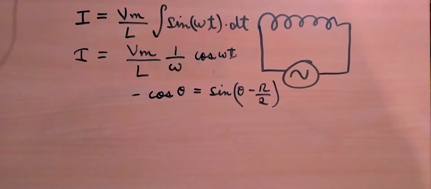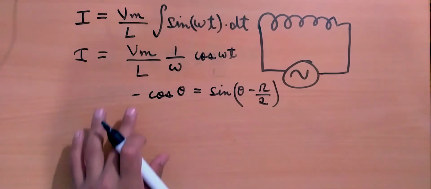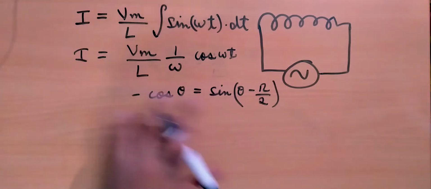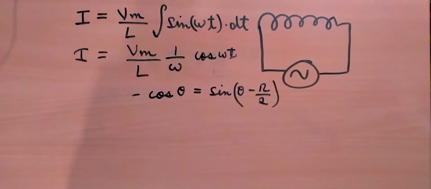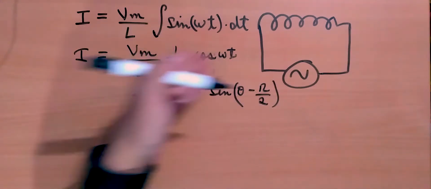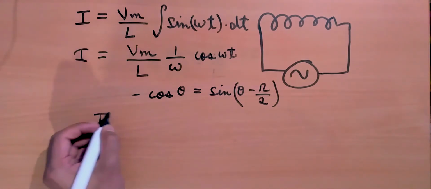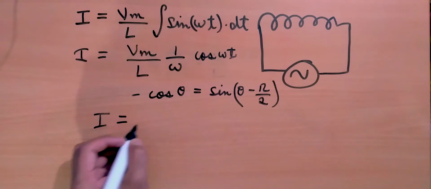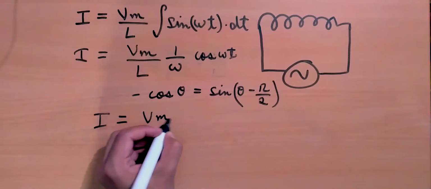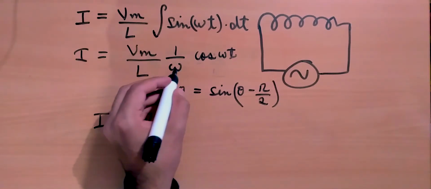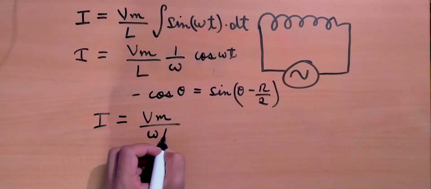Now what I can do is, yeah, I'm not really sure about this negative sign here, but yeah, this is the identity that we can use right now here in this particular step also. Now to make this a bit more clear, I can write this as I equals Vm upon, I can just combine this omega with the L, omega L, right?